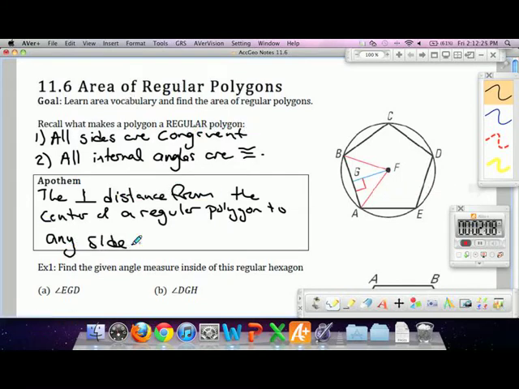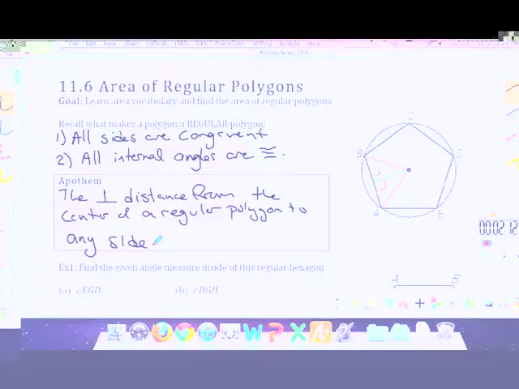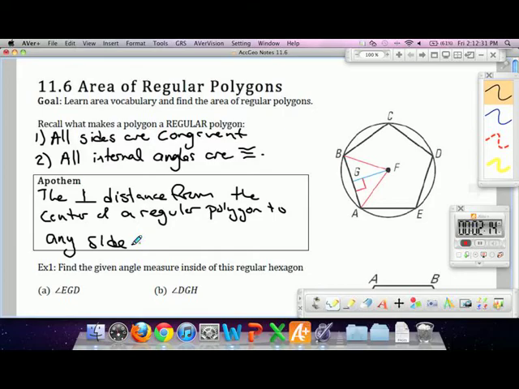In the figure that's drawn in, segment FG is an apothem of this regular pentagon. It's the perpendicular distance from the center to the side.